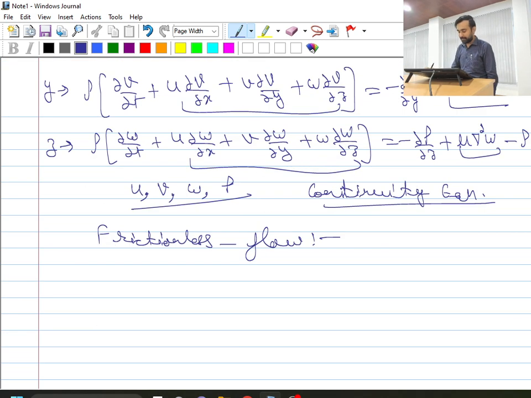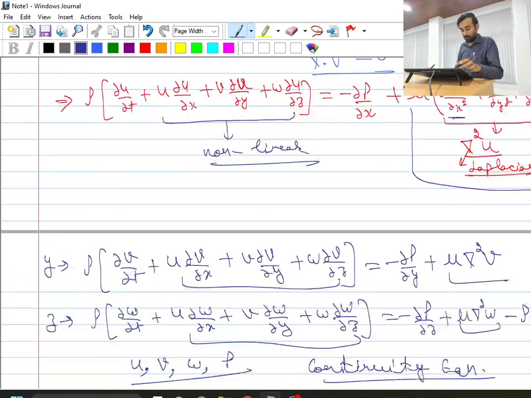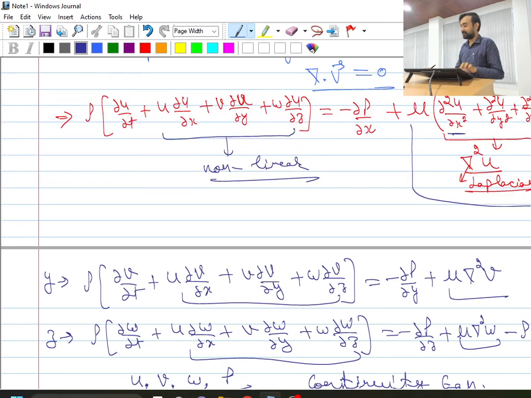So ultimately, if I write my equation in crisp vector form, the equation will simply become rho times dv vector by dt. This is the combination of this plus this plus this.